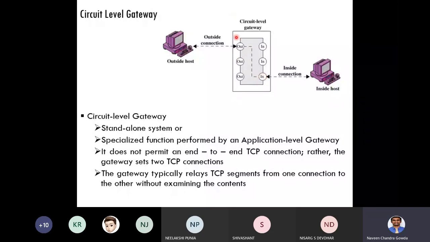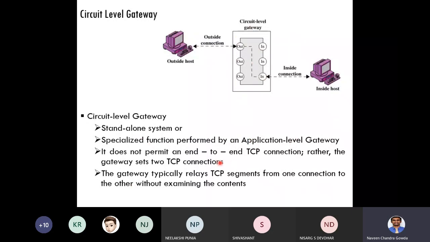There is a link, a circuit, between the output ports and the input ports. That complete thing will be taken care of by your circuit level gateway, which is why we call it a standalone system. Then obviously it performs all the functions that are performed by the application level gateway.